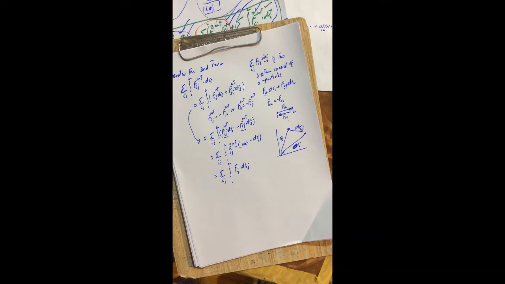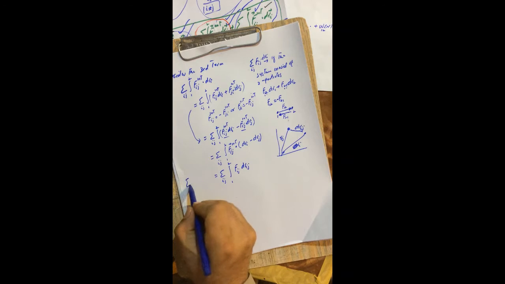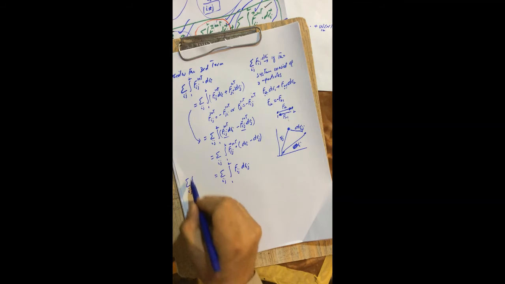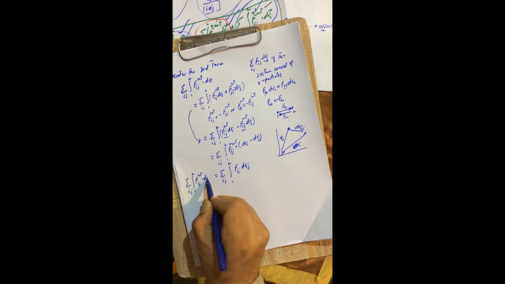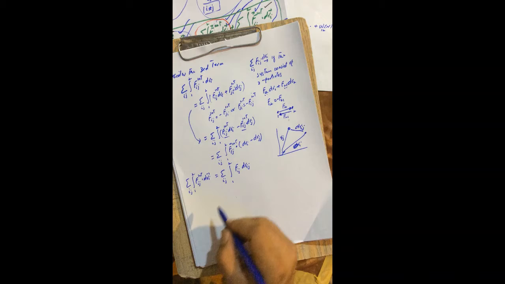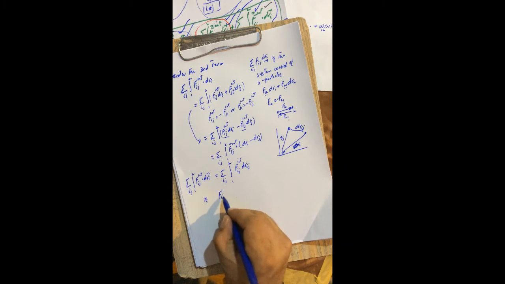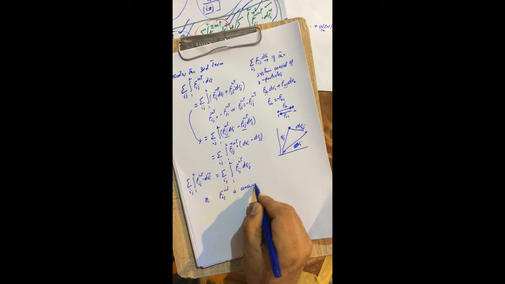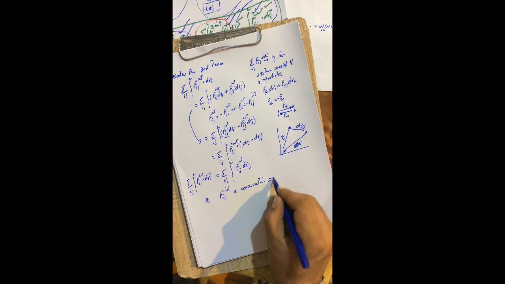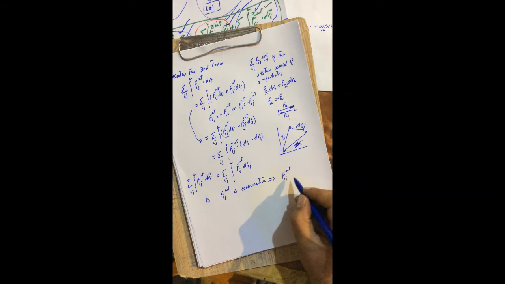Now we finally got this expression from this one: sum over ij integral from 1 to 2 Fij internal dot dri. Now this is the internal force. If Fij internal is conservative, then this implies that Fij internal can be written as the negative gradient of the potential.